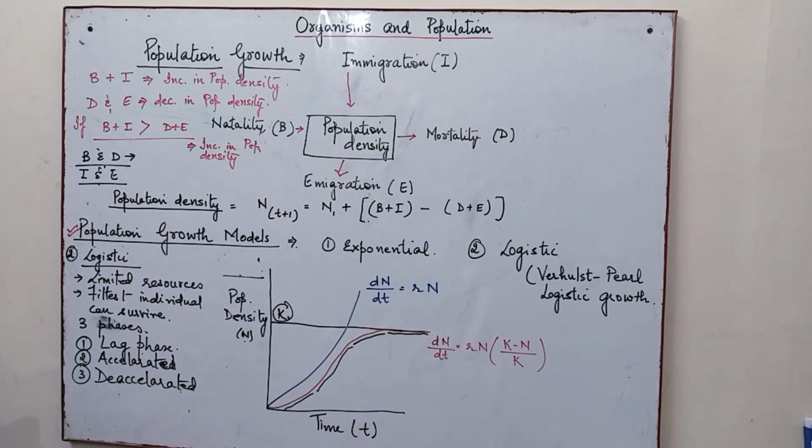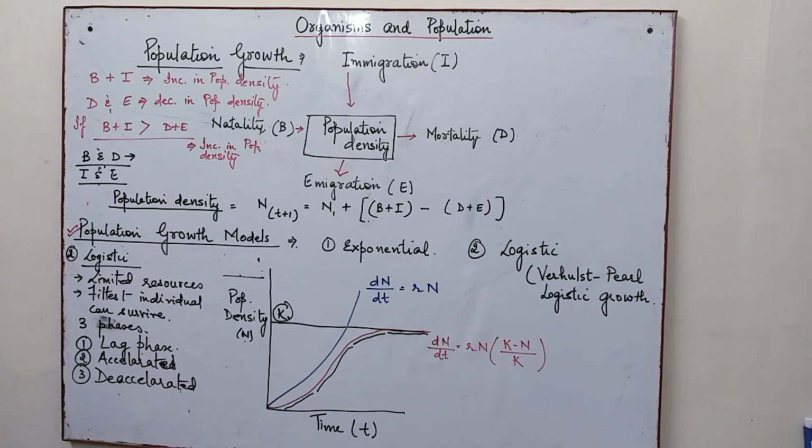Carrying capacity is the maximum size of the population that a habitat can sustain. In simple words, it is the maximum population size of a biological species that can be sustained in a specific environment with the same resource availability.